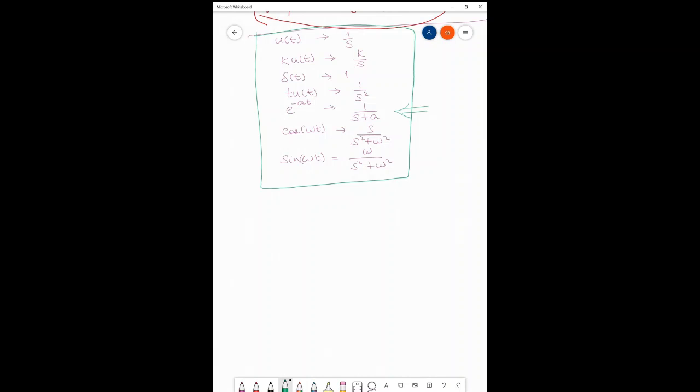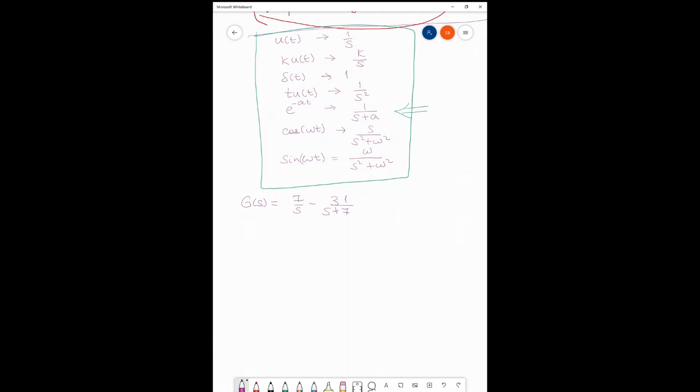As an example, let's say we have a function G(s) which is given by 7 over s minus 31 over s plus 7. This is a function in the s domain, because of the s.